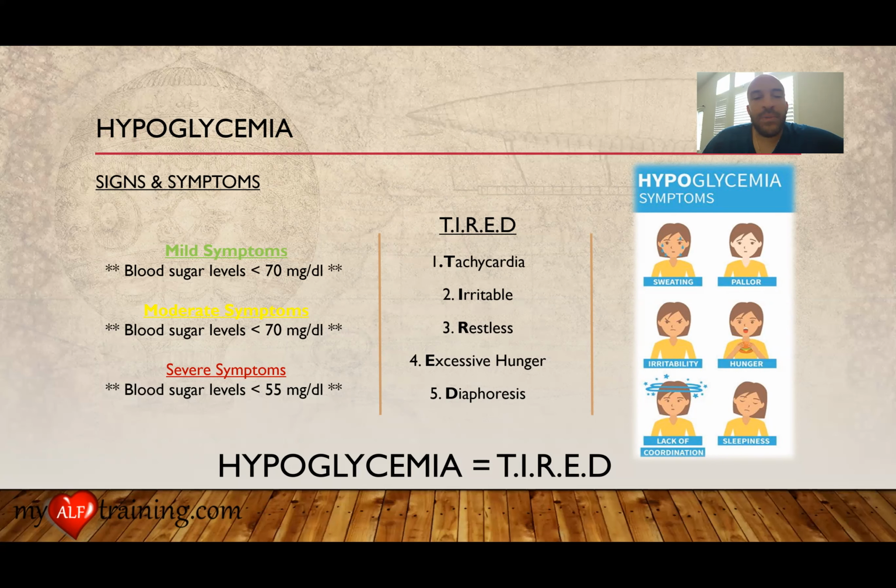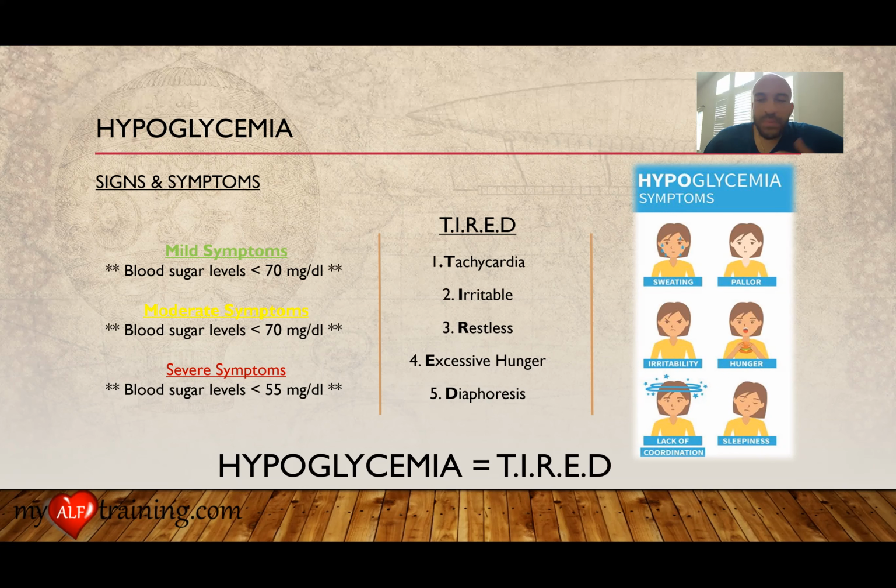TIRED is the acronym that I use to remember symptoms for hypoglycemia. And I just think of it as a patient may have hypoglycemia because they haven't had anything to eat. There's a low amount of sugar, so they're tired. And then that's when I recall all the parts of the acronym, TIRED.